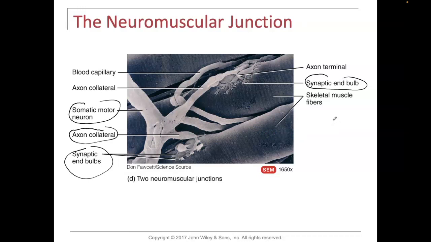Now, at the end of the end bulb, if you remember from a previous video, you had dendrites, cell body, and you had an axon.